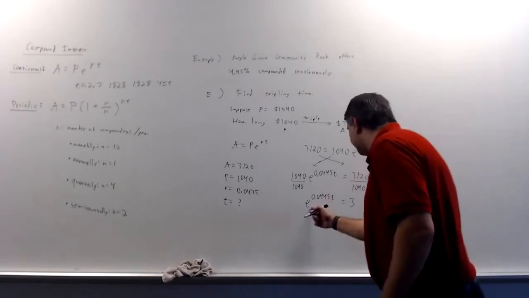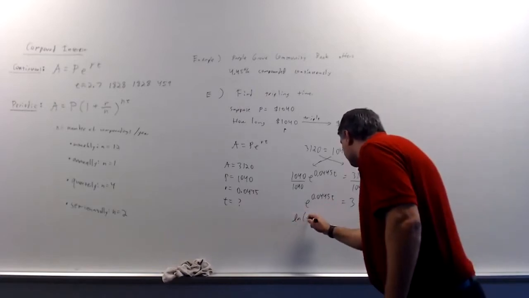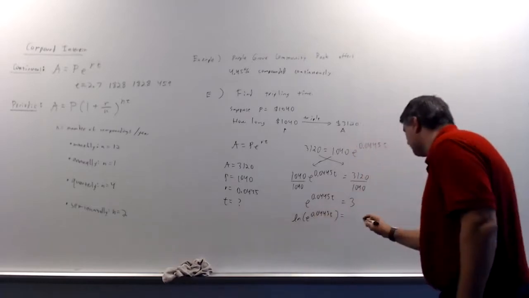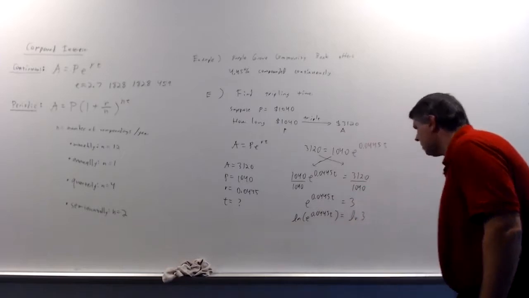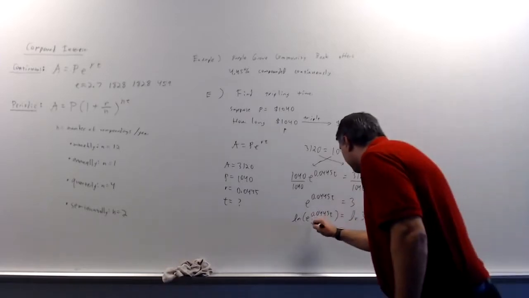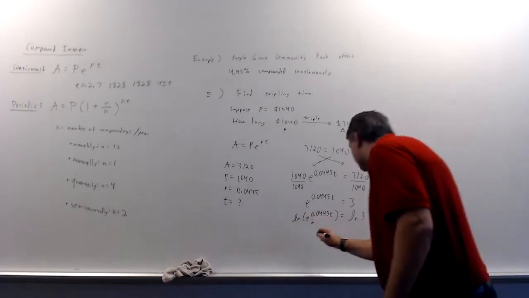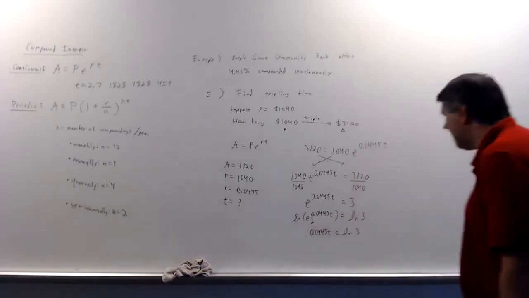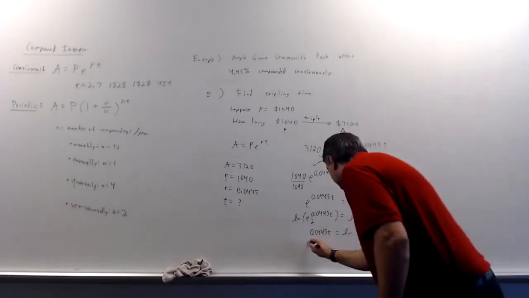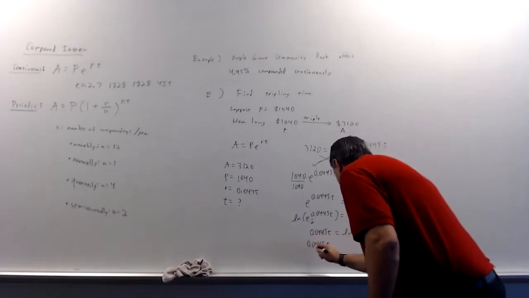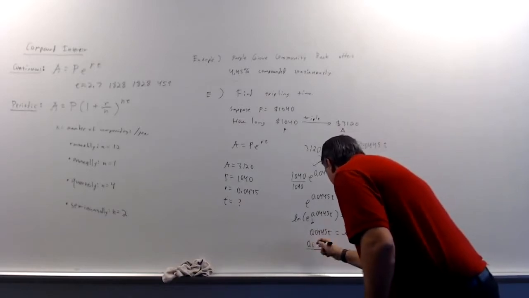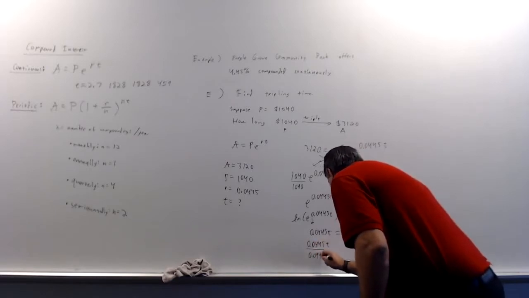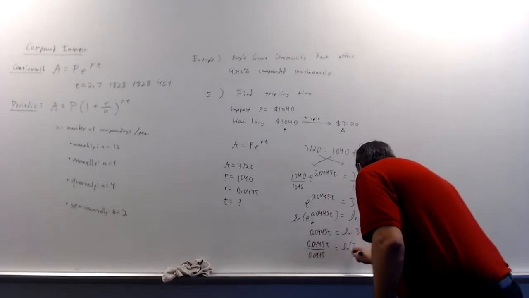So that's e to an unknown power. We'll do natural log, which is log base e. That undoes the exponentiation, which just leaves me the 0.0445t. Then I'm going to divide off that 0.0445.